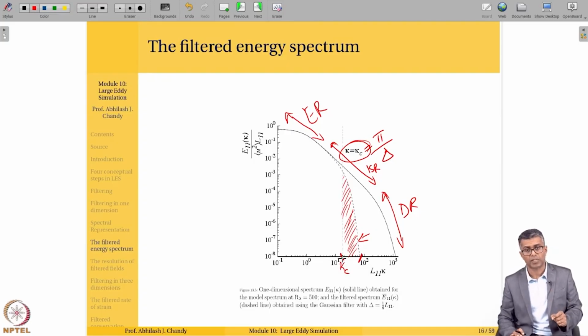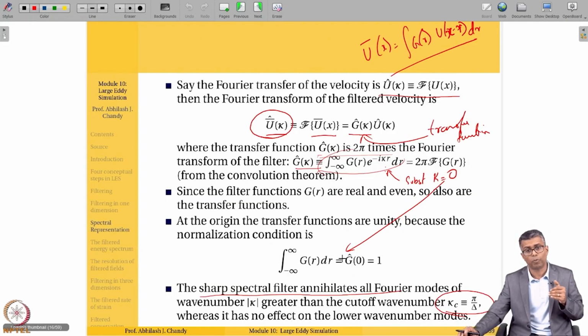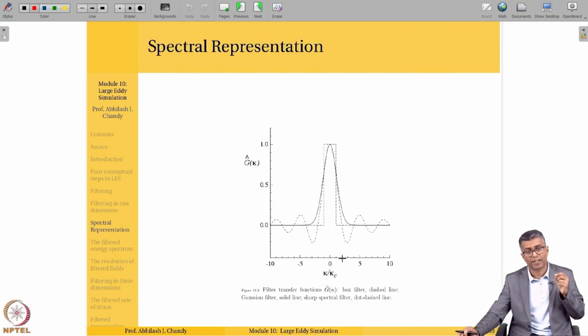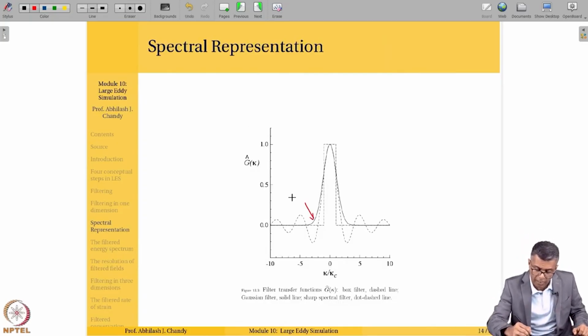The answer to that question is because the filtering here is done using a Gaussian filter. The Gaussian filter does not cut it off immediately. If I go back to this, the transfer function shown here, this is the Gaussian filter, the solid line.